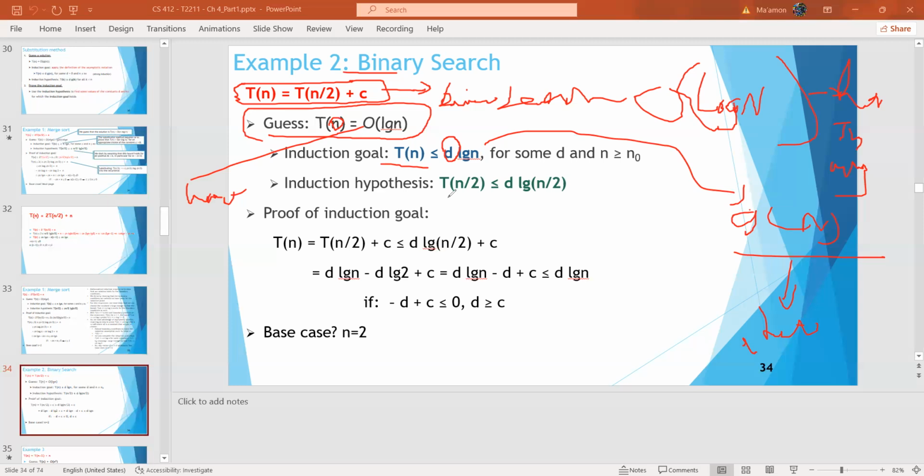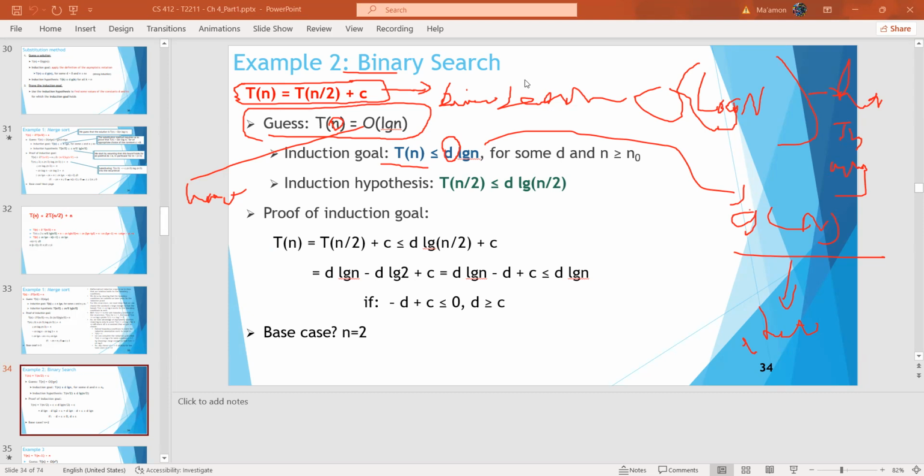Now we are going to use this function here, T(n). Instead of using N, we will use N divided by 2, according to this time complexity equation.